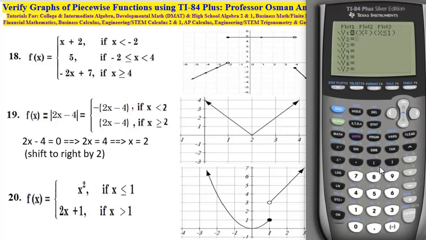Or it is 2x plus 1, and this is valid when x is greater than 1.